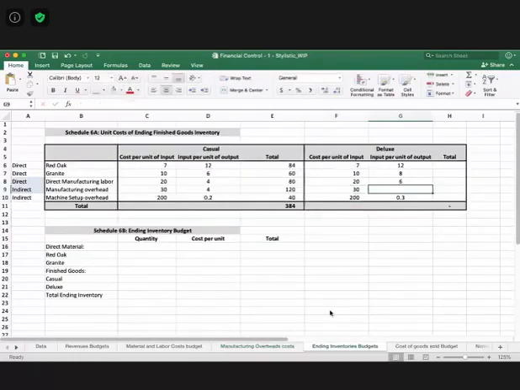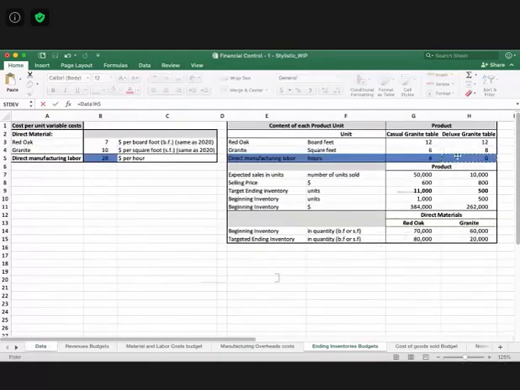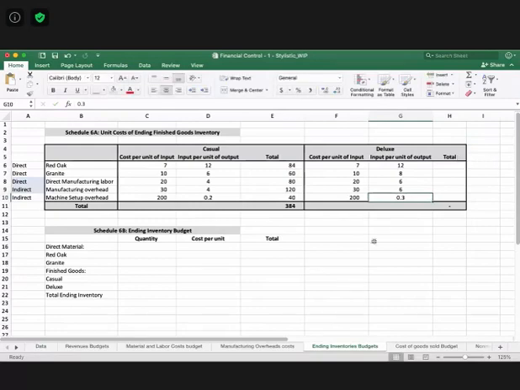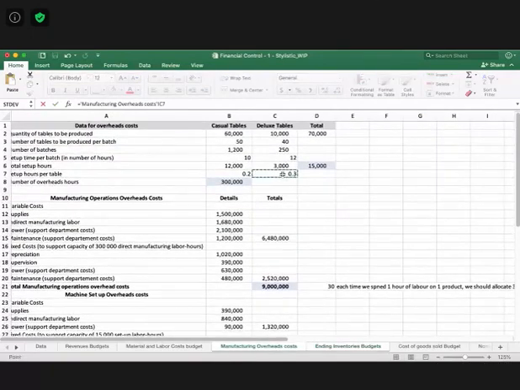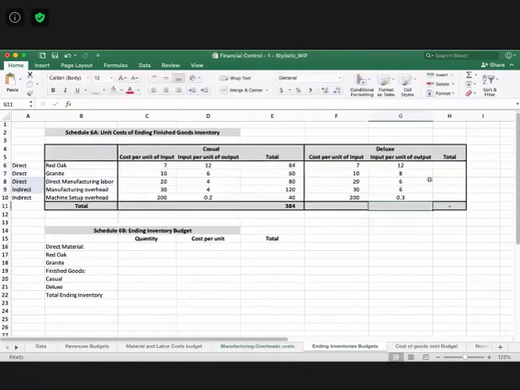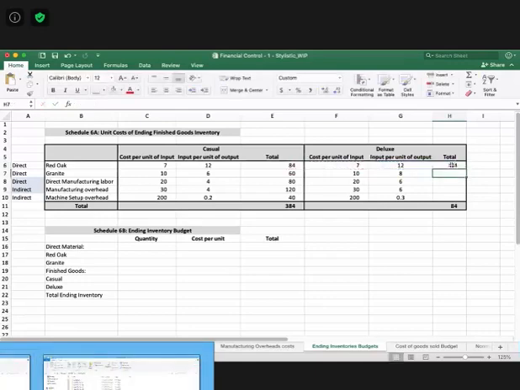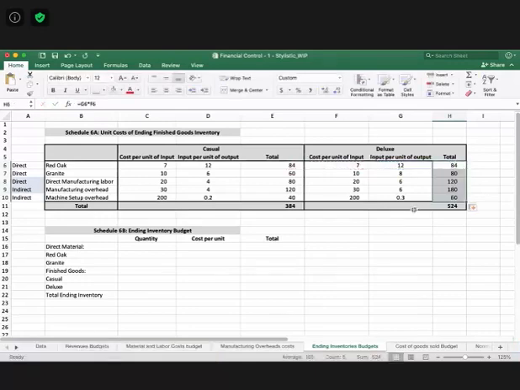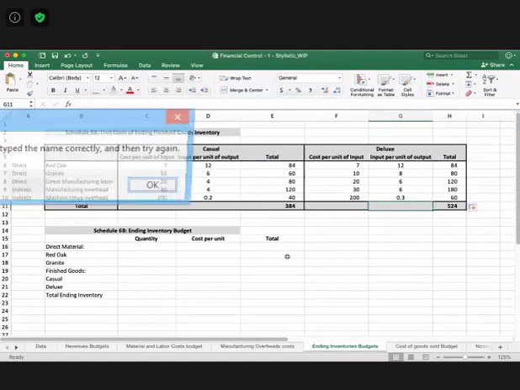And 0.3 again is something I take from this table here. We need 0.3 setup hours to do one deluxe step. So we have everything we need, and it gives us 524. So this is for the two finished goods.